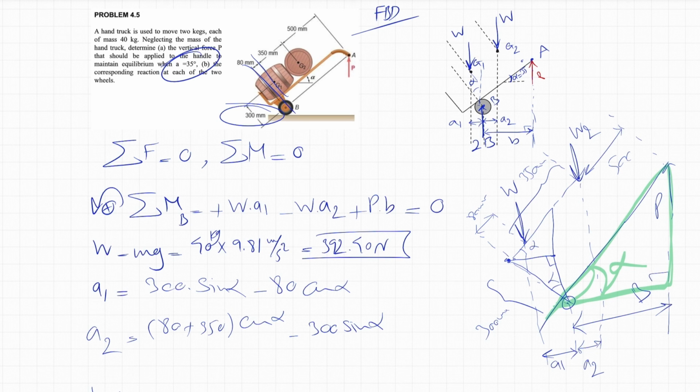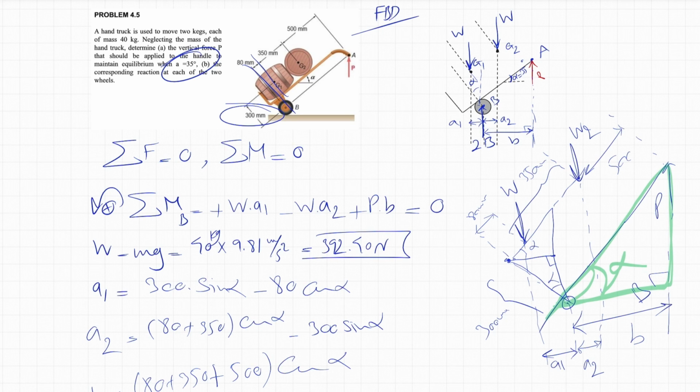For finding B, we simply have the hypotenuse of the green right triangle, and this would be a right angle. So we have 80 plus 350 plus 500, and this time, if we do the cosine of alpha, we'll get our B.